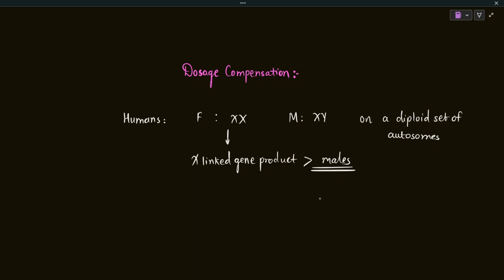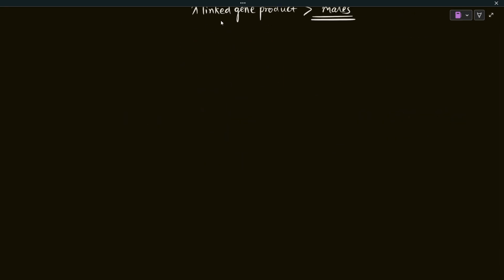So there are different mechanisms by which the expression levels are balanced. Let's take a look at the mechanisms. In mammals, there is X inactivation, which does the dosage compensation.